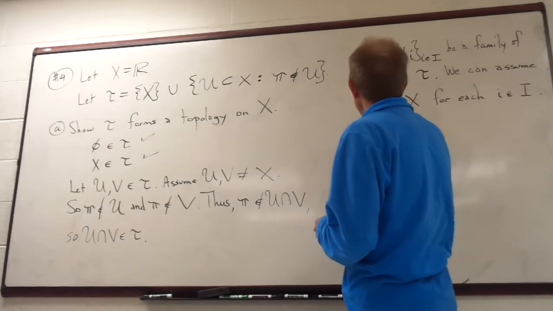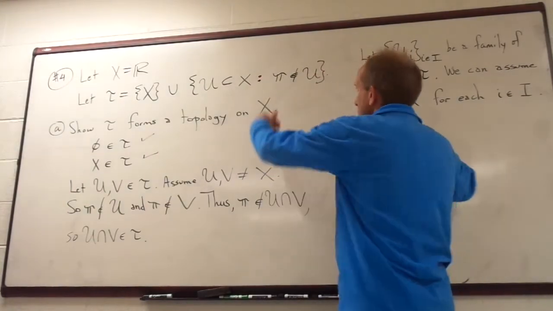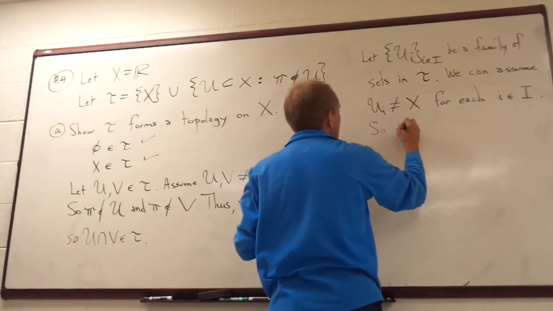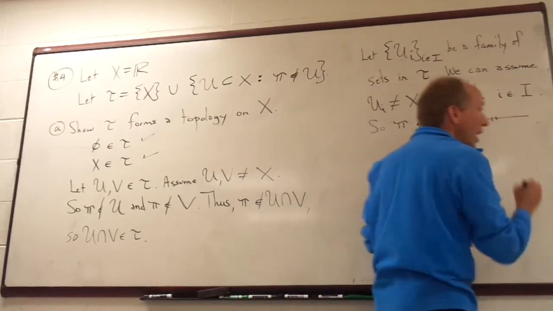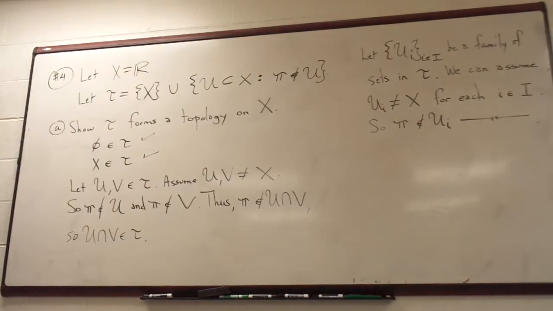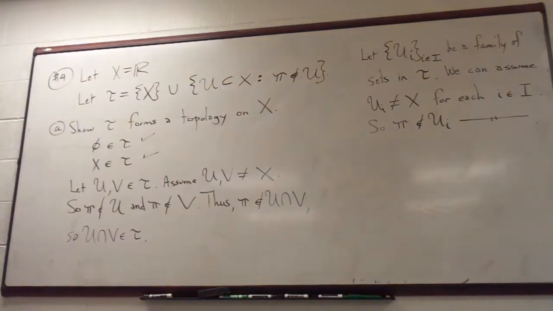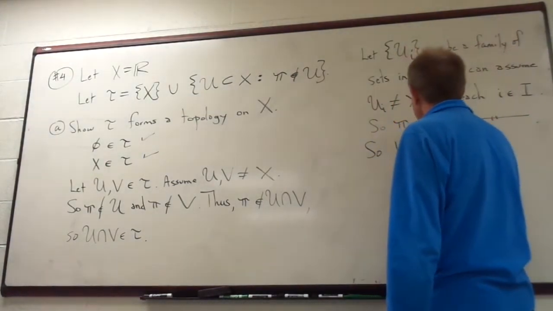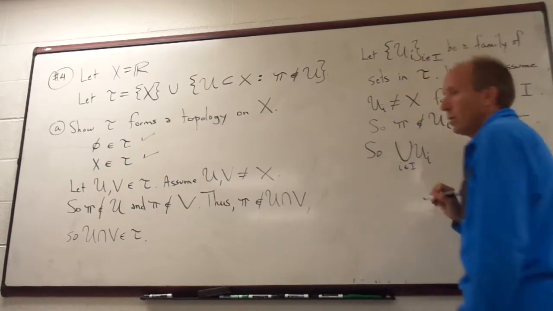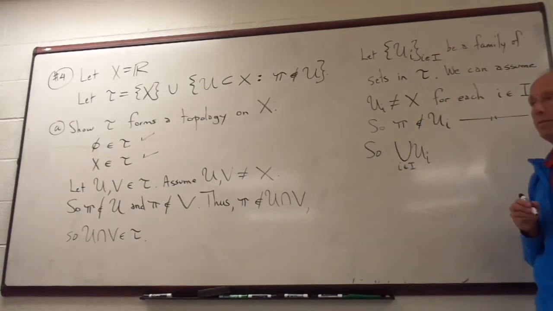So this just means that the key factor that puts something inside of here is that pi is not in any one of those sets, right? So for each i, pi is outside of U sub i. And so therefore, if we take the union of all of those, will pi be in there?